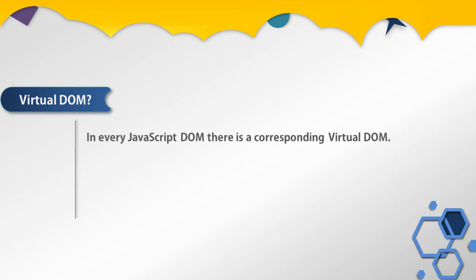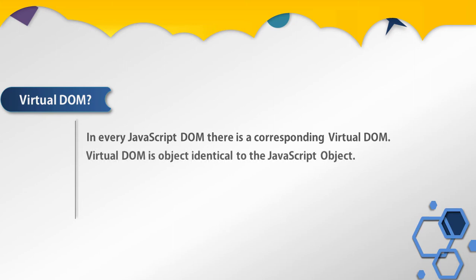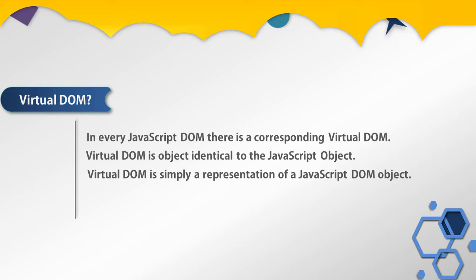To address this problem, we have something called virtual DOM. For every JavaScript DOM, there is a corresponding virtual DOM which virtually represents the JavaScript DOM. Virtual DOM is an object identical to the JavaScript object. In simple words, if I want to describe virtual DOM, I would say virtual DOM is simply a representation of a JavaScript DOM object, like a lightweight copy.